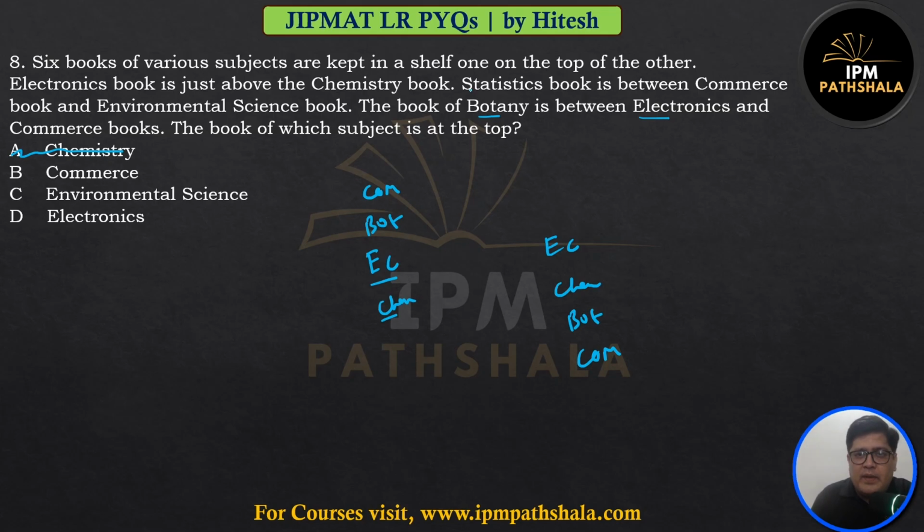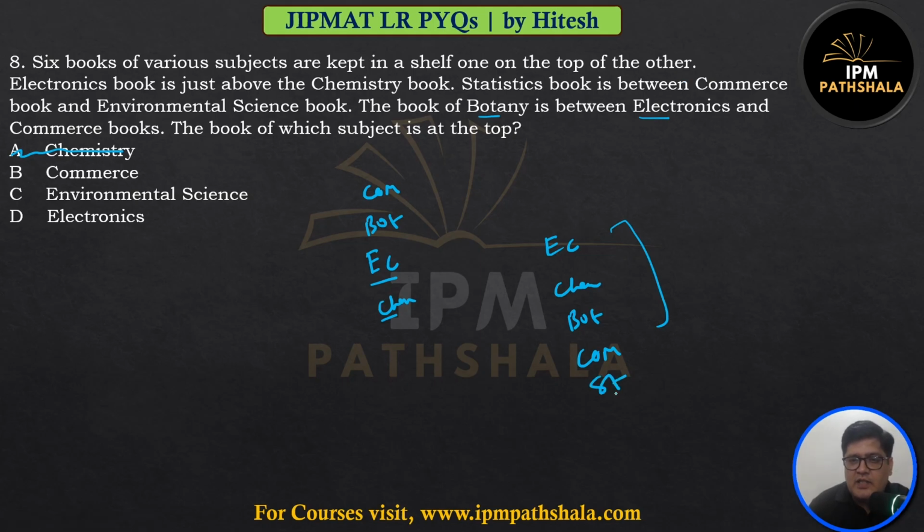Let us go back. Statistics is between commerce and environmental studies. So between commerce and environmental studies, there is statistics. So if I go with the second arrangement, what does it say? It says statistics is between commerce and environmental studies.